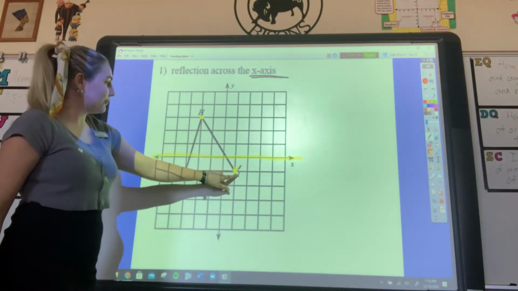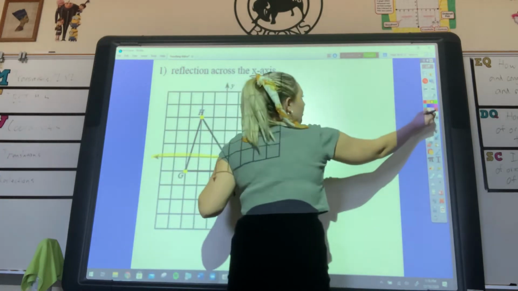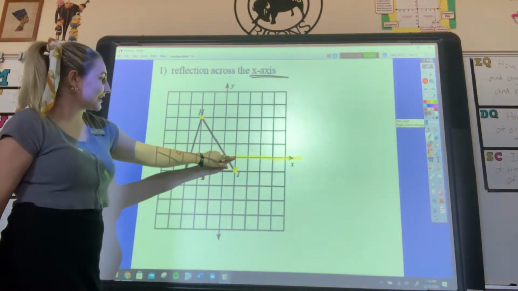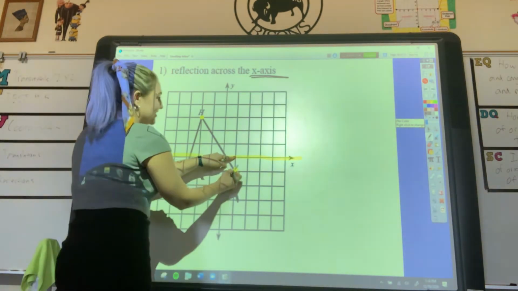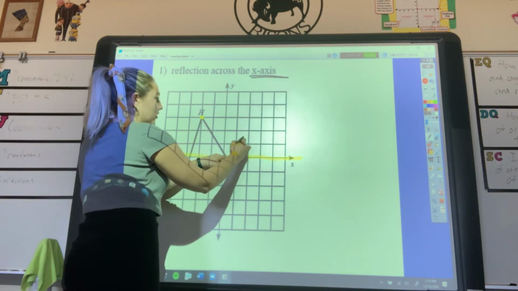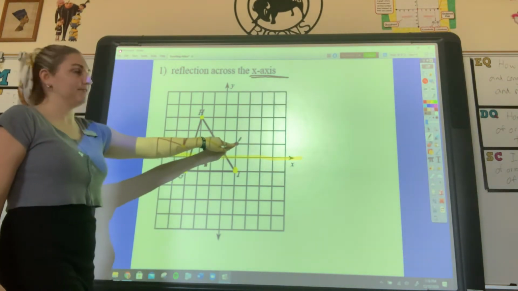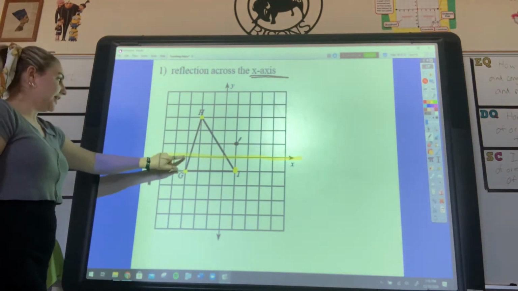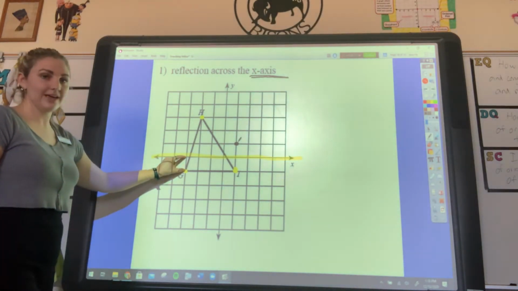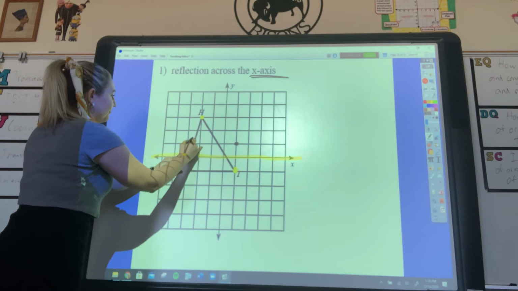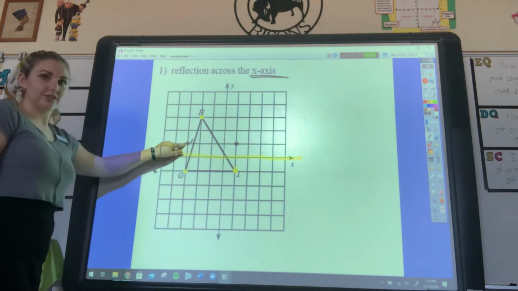This I point here is 1 spot away from our x-axis, so to reflect it over, it's going to have to be 1 away from the x-axis on the other side. G is also 1 away from our x-axis, so it is going to be 1 away from the x-axis on the other side.